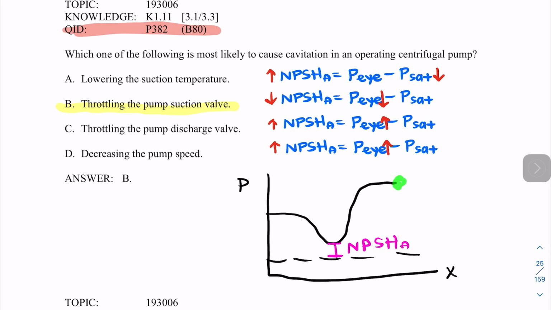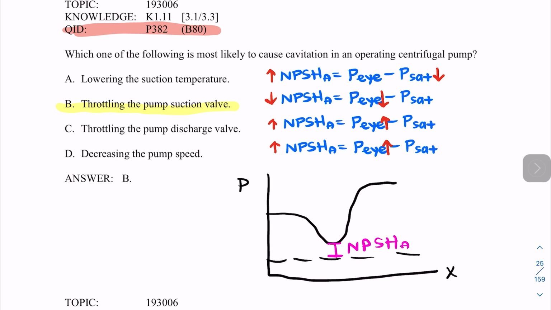So the discharge valve. That will give me an increase in the pressure here. So I will increase the pressure, I will go up. So I'm increasing my net positive suction head available. If I decrease the pump speed, right, decreasing the pump speed will cause the flow to be lower in this case.